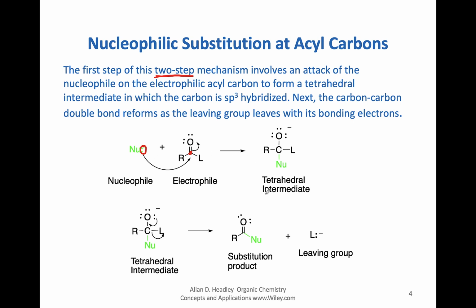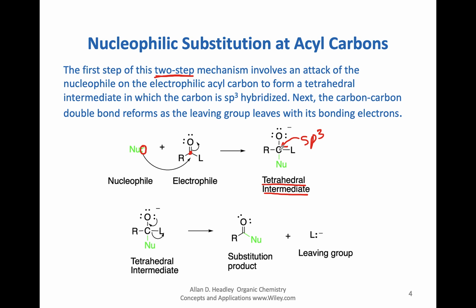What is formed here is a tetrahedral intermediate. Notice that it is an sp3 carbon. Over here it is sp2, but in the tetrahedral intermediate it is sp3.